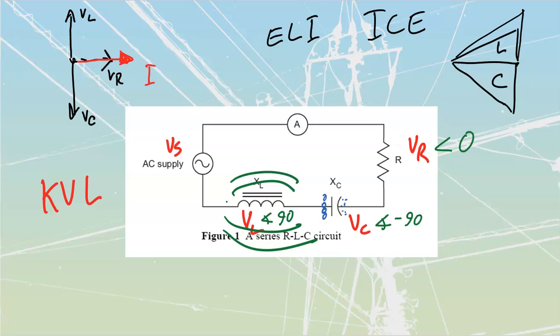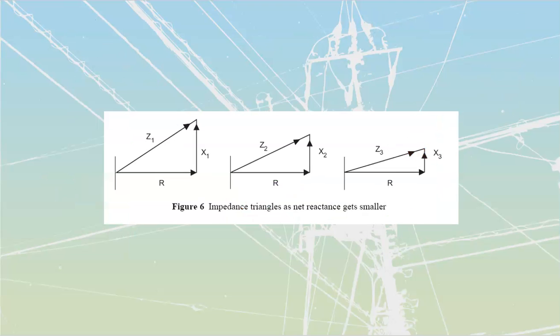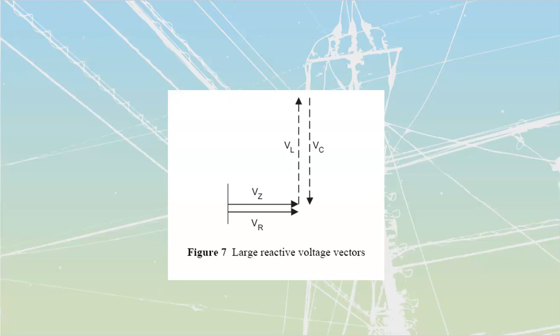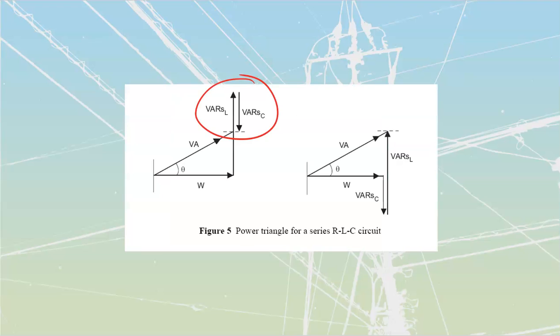Our power factor is still going to be based off our total amount of watts over VA. However, I skipped ahead too far there. My VA is going to go down as I start to correct things out. Let's examine this circuit without the VARs C inside of it. If I lost this VARs C, all that I would have inside of this circuit would be my true watts, whatever those would be, plus my VARs L, which would give me a total amount of VA that would look like that.